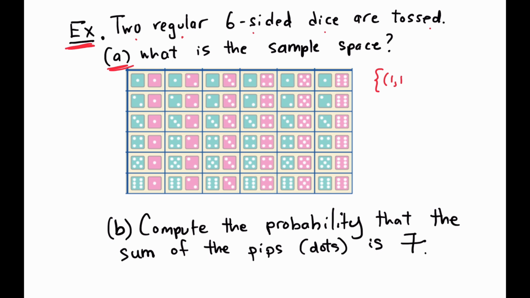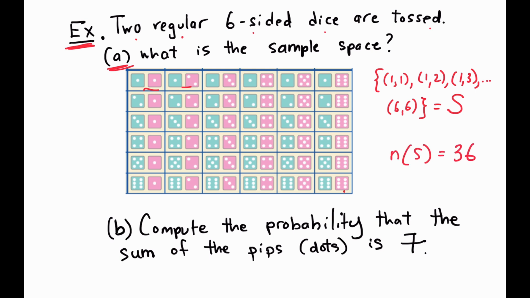So we could have 1, 1, 1, 2, 1, 3, etc., all the way to 6, 6 over here. So that would be our sample space. And remember, the number of things in the sample space is 36.